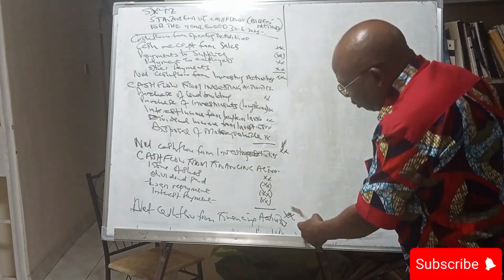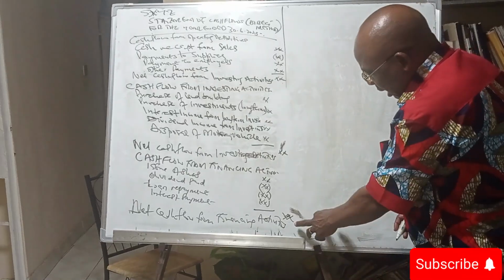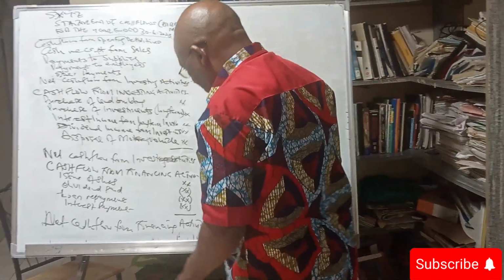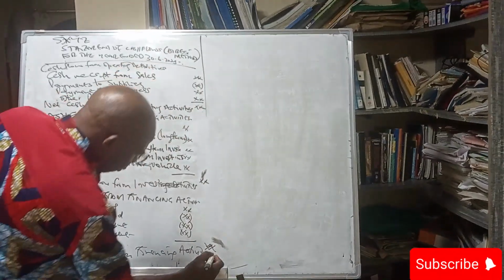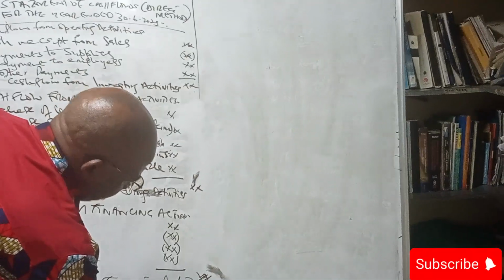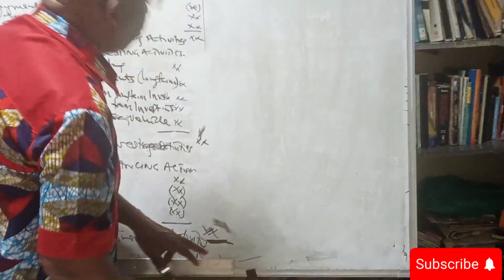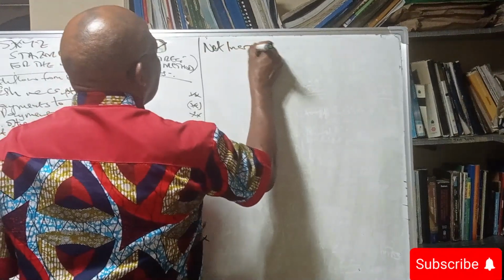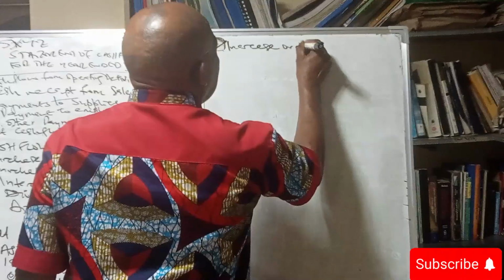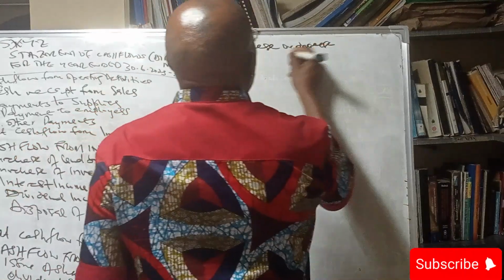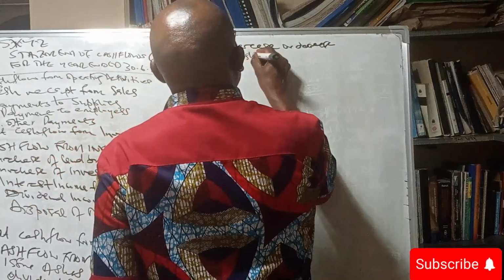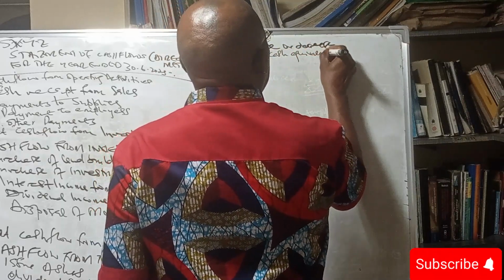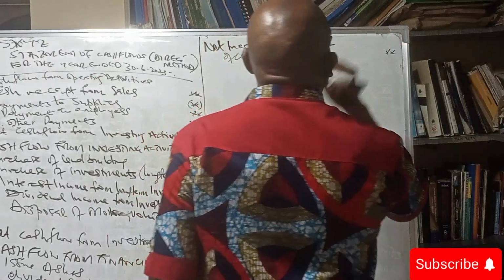And therefore, if you add the three of them, the figure you get there, we say net increase or decrease of cash and cash equivalent.